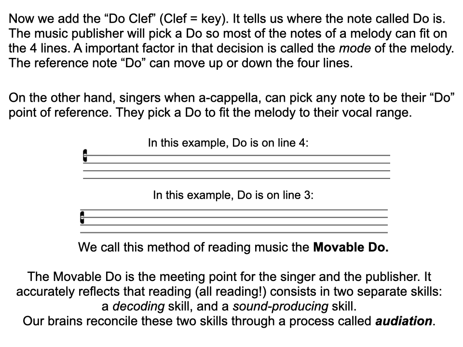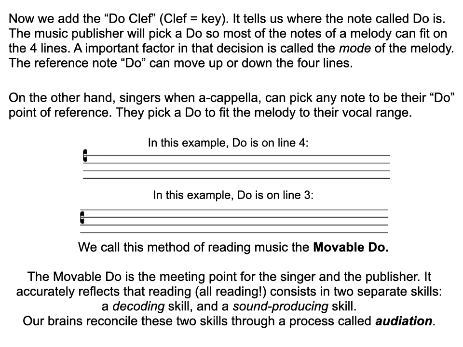And this accurately reflects that reading, all of reading, whether it's letters or music, consists of really 2 separate skills. There is a decoding skill and there is a sound producing skill. Our brains reconcile these 2 skills through a process called audiation.